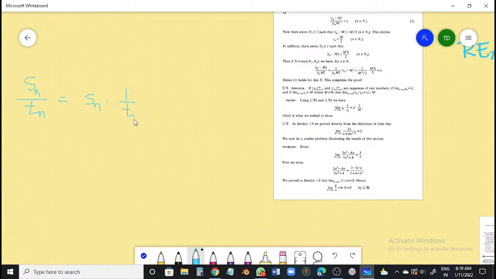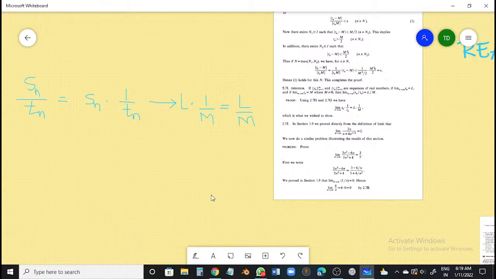We know the reciprocal sequence converges to the reciprocal of the limit, and Sn converges to L, and 1 by Tn converges to 1 by M. Meaning thereby, this product Sn times 1 by Tn will converge to the product L times 1 by M, which after all means L upon M. So ultimately we come to the result that the quotient Sn upon Tn converges to L upon M. It's very simple and very expected.